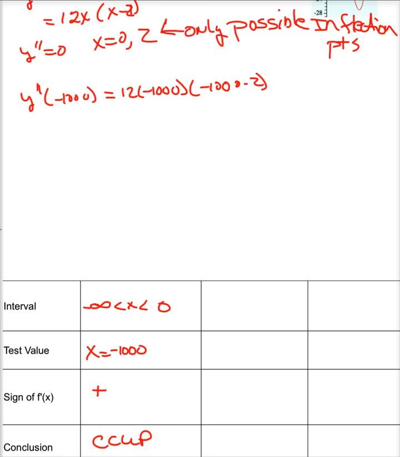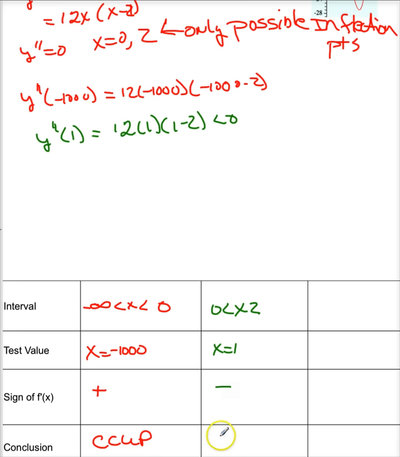The next interval is going to be from 0 to 2, and let's pick x equal 1. Y double prime of 1 is 12 times 1 times 1 minus 2, and this is going to be negative. So this is concave down.